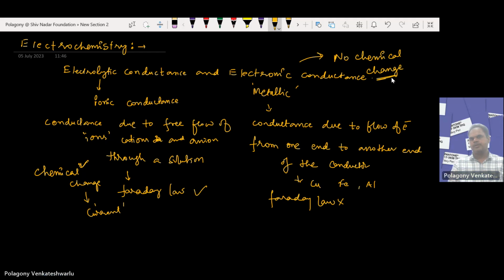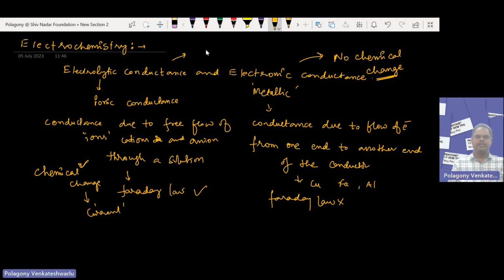Of these two, electronic conductance is more effective, whereas electrolytic conductance is not effective for a long time.